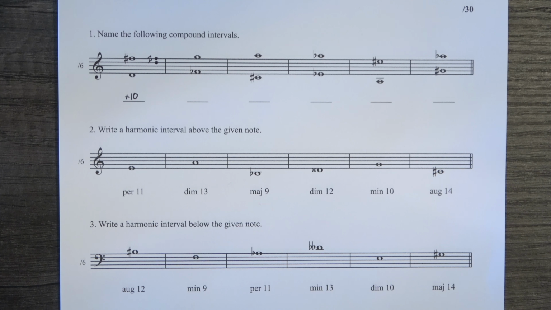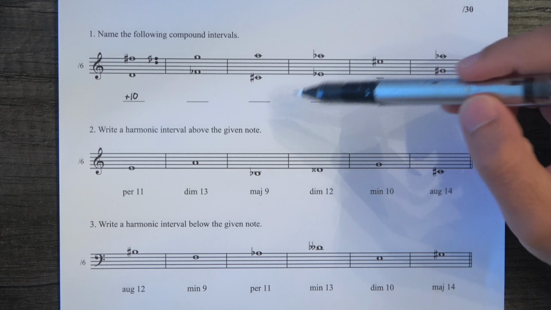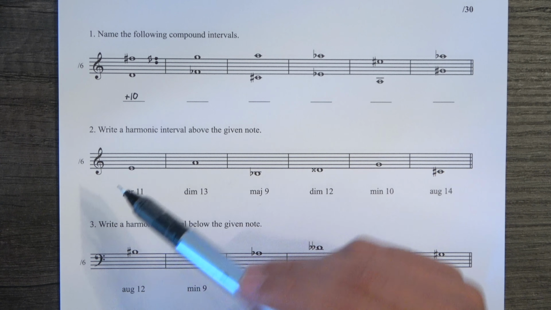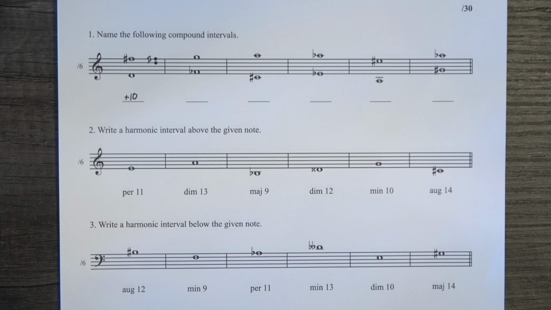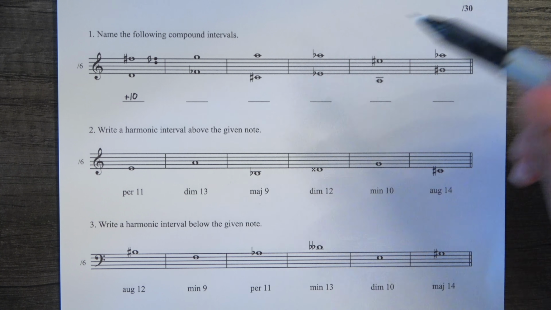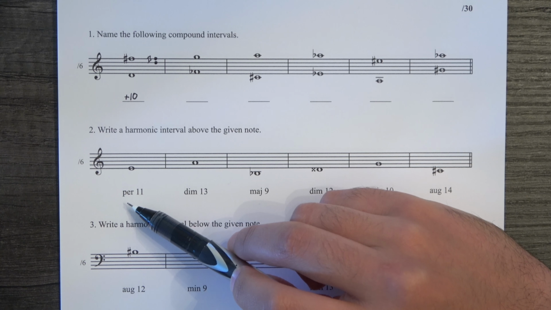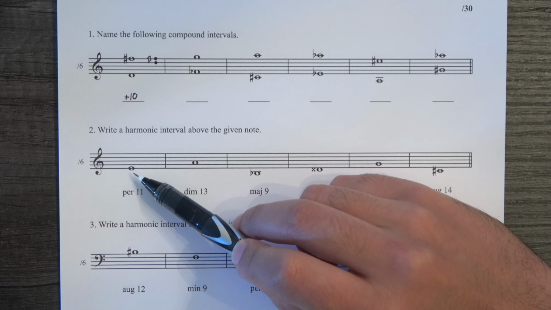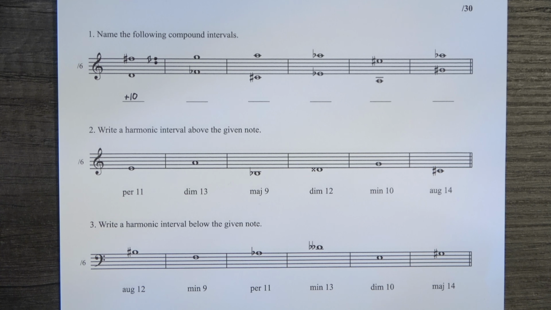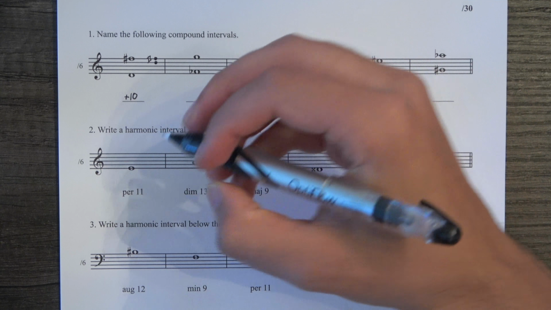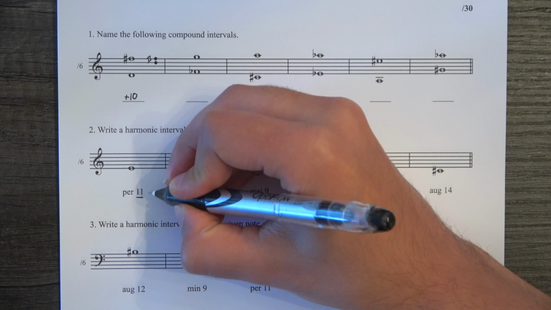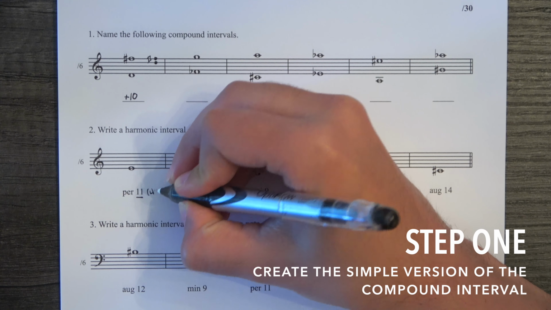Question number 2 says write a harmonic interval above the given note. Remember, harmonic means they're intervals played at the same time. So we need to write a perfect 11th above this E. Now we could count up 11 notes, but I'm hoping that you'll remember that 11 is equivalent to 4.